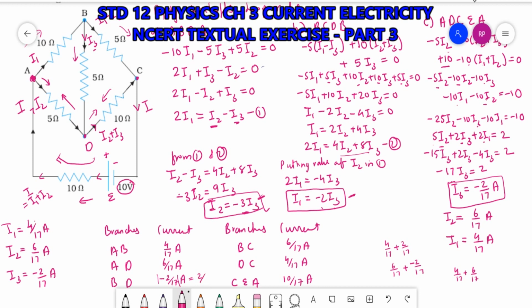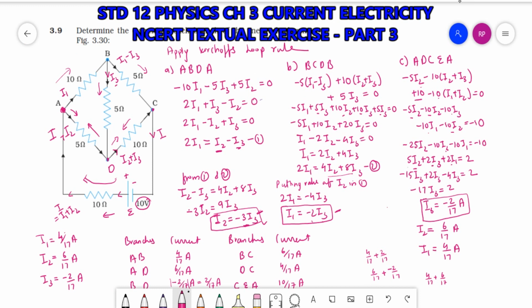It's just the direction is opposite. BC 6 by 17 ampere, DC 4 by 17 ampere, and CEA, that is 10 by 17 ampere. Clear? Okay, so note down question number 3.9.